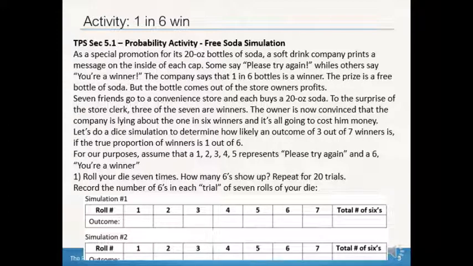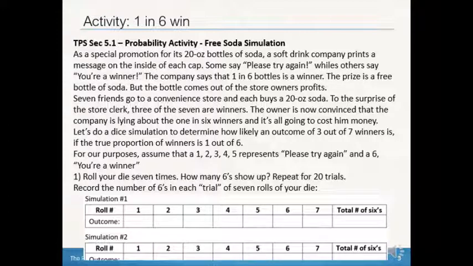The situation is a special promotion for the new 20-ounce bottles of soda for a soft drink company. They are trying to promote this by having a contest, and you twist the cap off and look under the cap, and it says one of two things. It either says you're a winner, or it says basically, please try again.